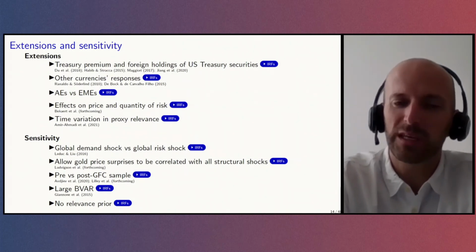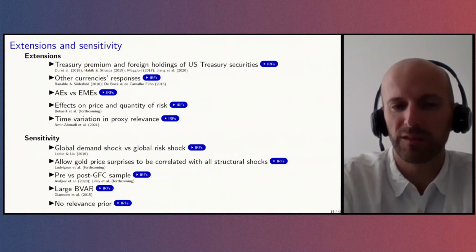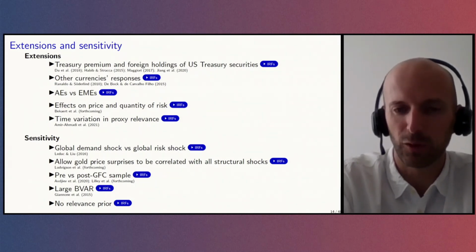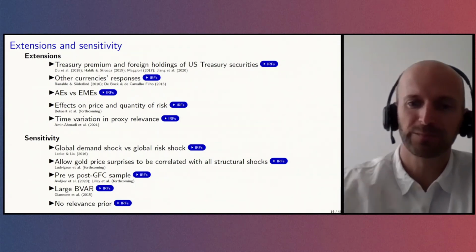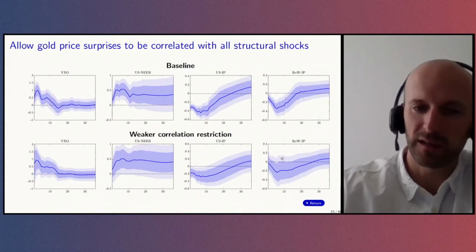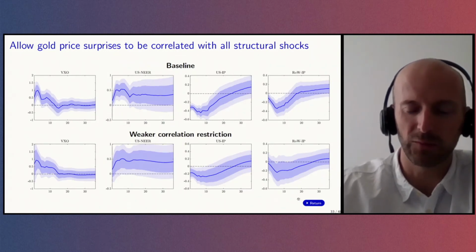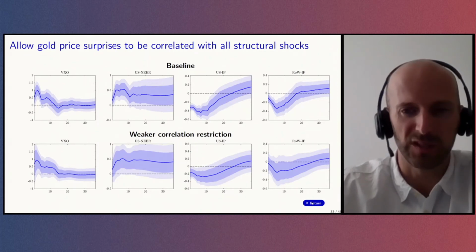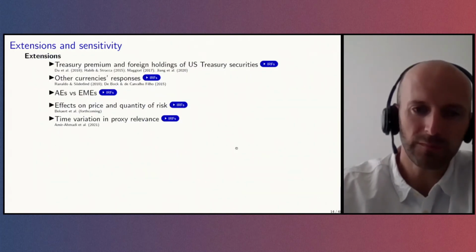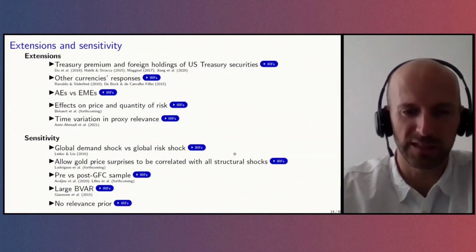Let's just impose that the biggest driver of these gold price surprises is the global risk shock, but maybe not the only one. And what we get in this case is actually very similar to our baseline. So the bands are wider, which is not surprising given that we impose weaker restrictions, but otherwise the results are very similar. So again, I think we're fairly safe on that side.